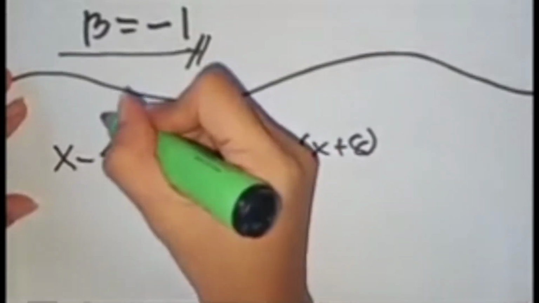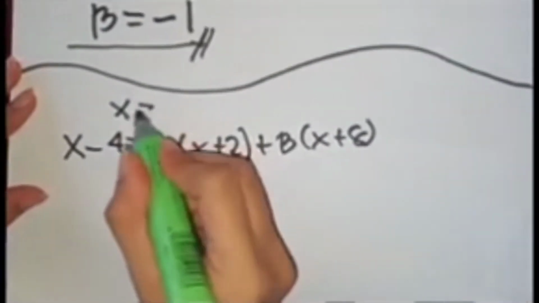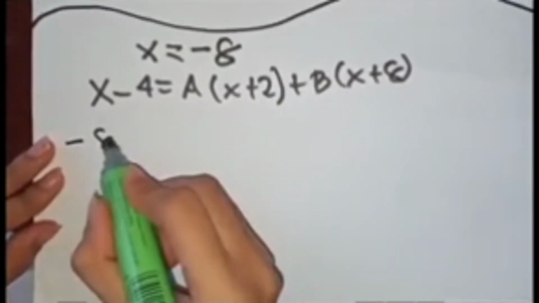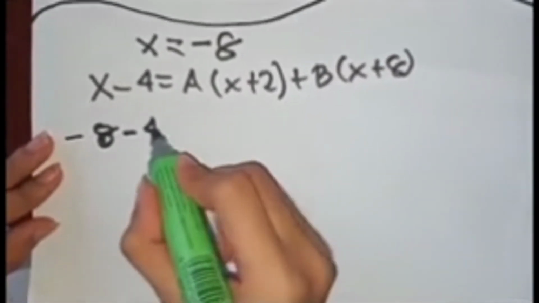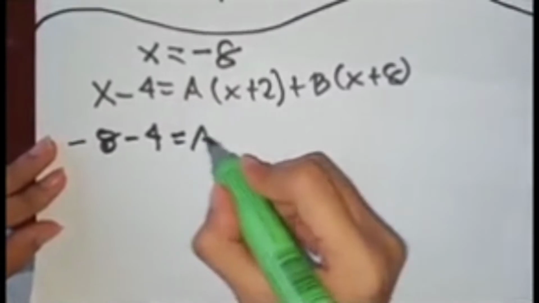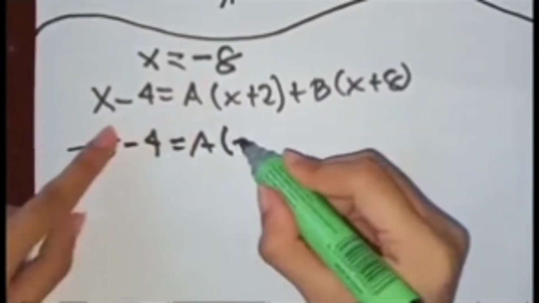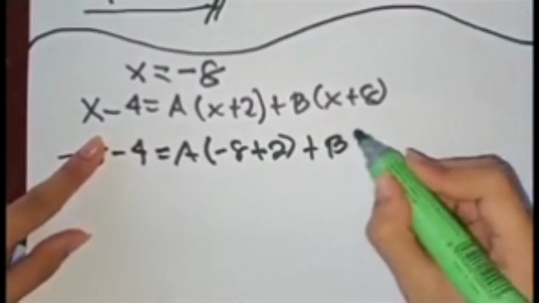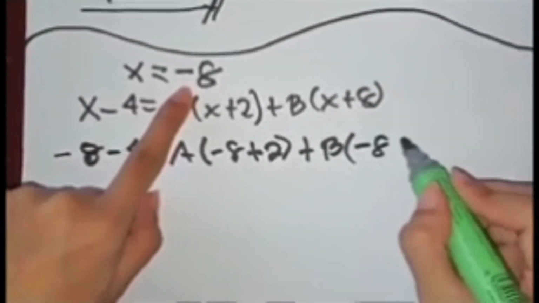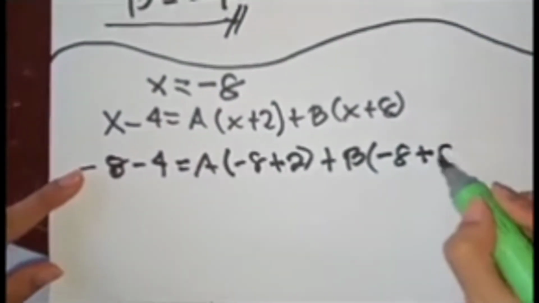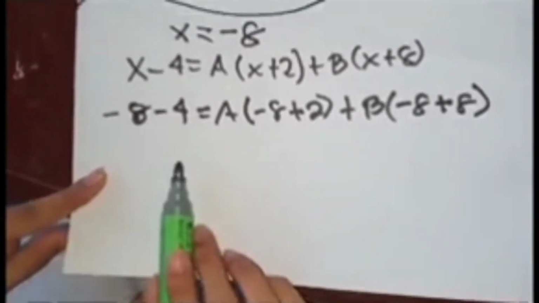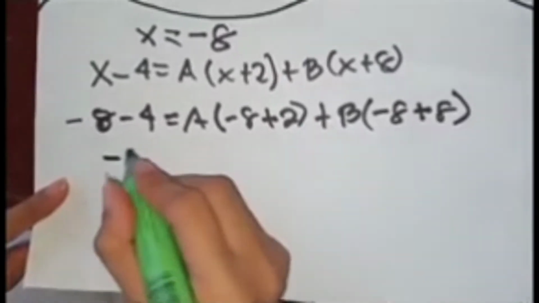Okay, so if x is equal to negative 8, then negative 8 minus 4 is equal to A times (negative 8 plus 2) plus B times (negative 8 plus 8). Now, negative 8 minus 4 is equal to negative 12.